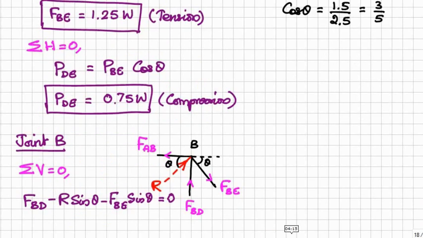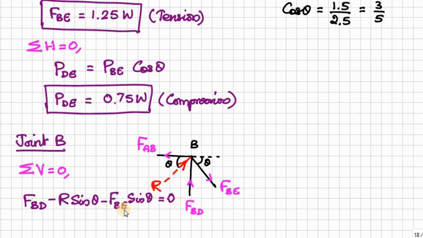So similarly, consider joint B, where we have three member forces directly and one R, the redundant force. So FBD minus R into sin theta minus FB sin theta is equal to 0. Okay.